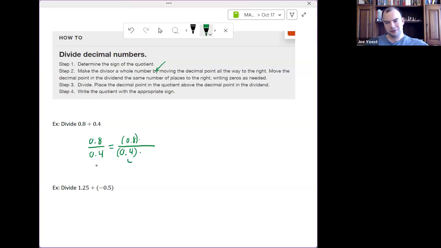I see that I need to move the decimal point one place to the right in order to give me just a 4, just a whole number. To move one place to the right, I need 1 power of 10, or just 10. But remember, I can't just stick the 10 in the bottom. To make an equivalent fraction, I need to multiply top and bottom by the same thing. The top needs to be multiplied by 10 as well.